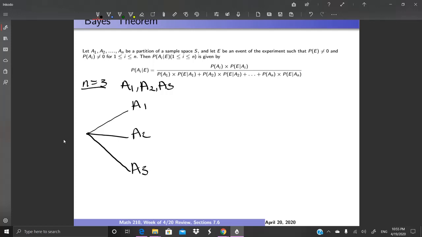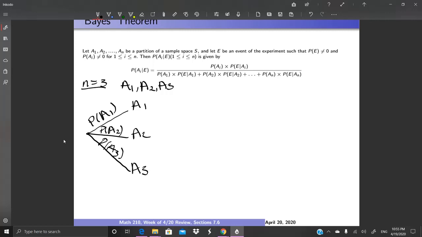And then along them, here you'd put the probability of A1. Here you'd put the probability of A2. Here you'd put the probability of A3. So that's how you do it. Okay. Finally, there's this event E, right?